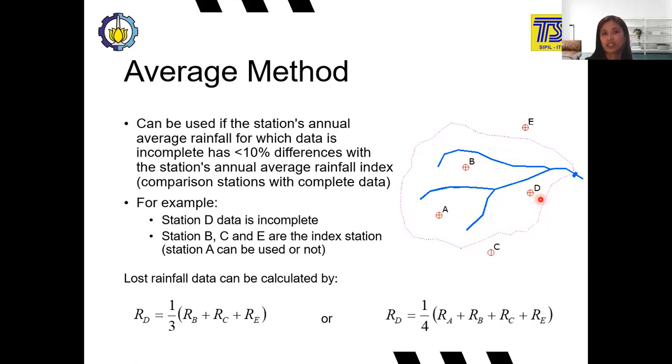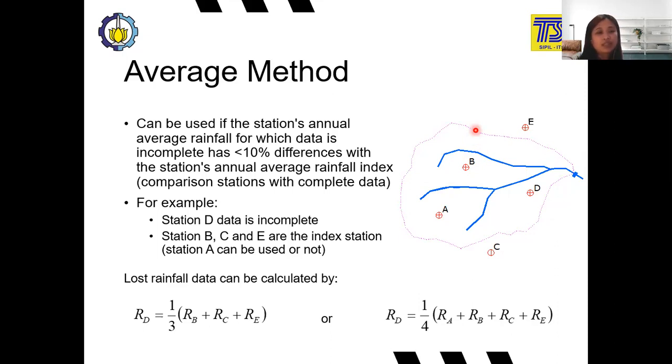But in this case, for example, in station D, there are only 364 rainfall data, but in the other stations, the rainfall data is complete for 1 year. There are 365 data. So how do we get the lost data?